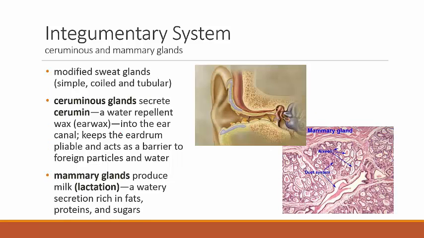Other glands that are so closely associated in structure with the sweat glands are the ceruminous and the mammary glands. Ceruminous glands are just modified sweat glands, and we talked about how the apocrine sweat glands produce an oil or a fatty material.